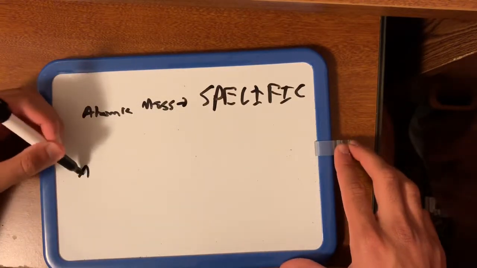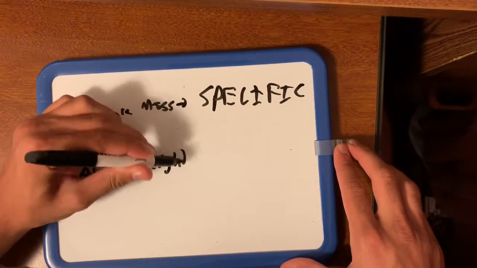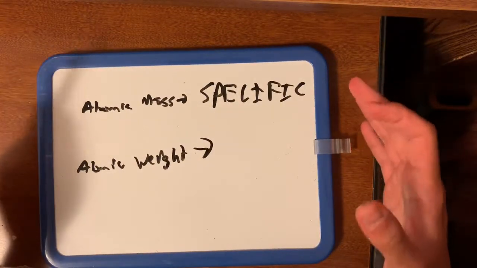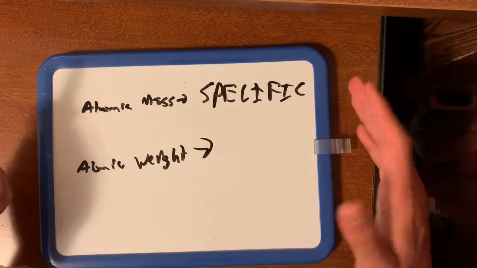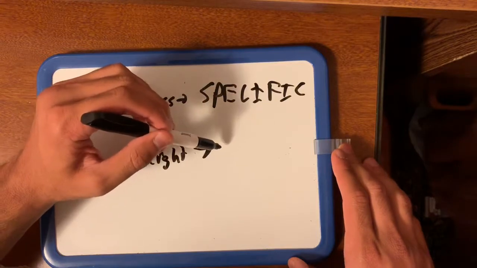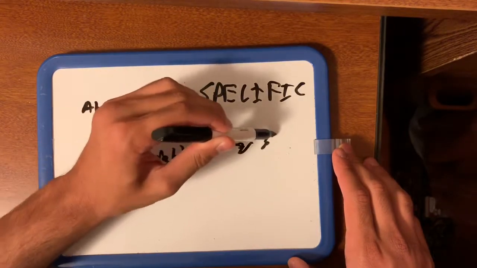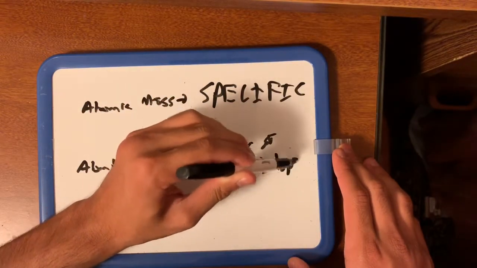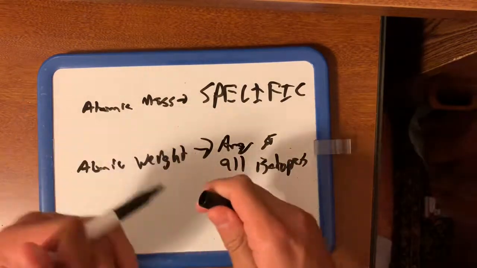But atomic weight is like the average of all the masses and their abundance, taking all that into account, the average mass of all the different isotopes of that specific element taken into one. So, the average of all isotopes, taking abundance into account and everything.